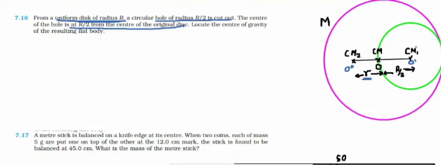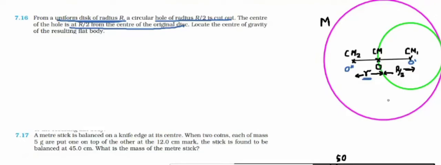When both these objects are put together, you get a perfect disk whose center of mass is at O. You have studied that the total mass of a body is concentrated at its center of mass. So the mass of the green disk is concentrated at O dash, which can be considered a point object.